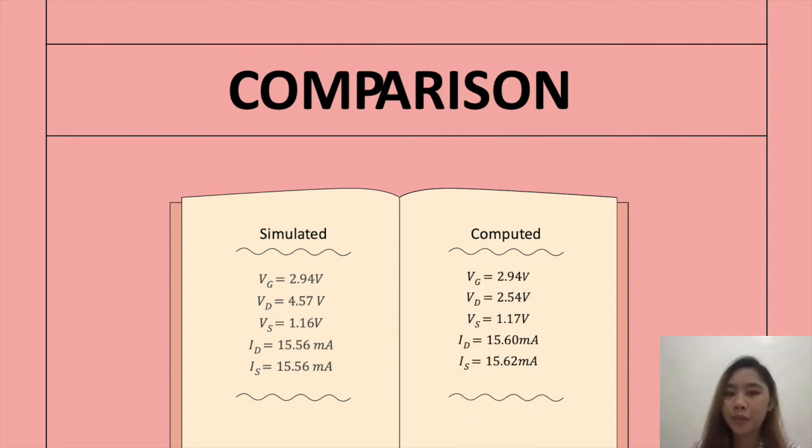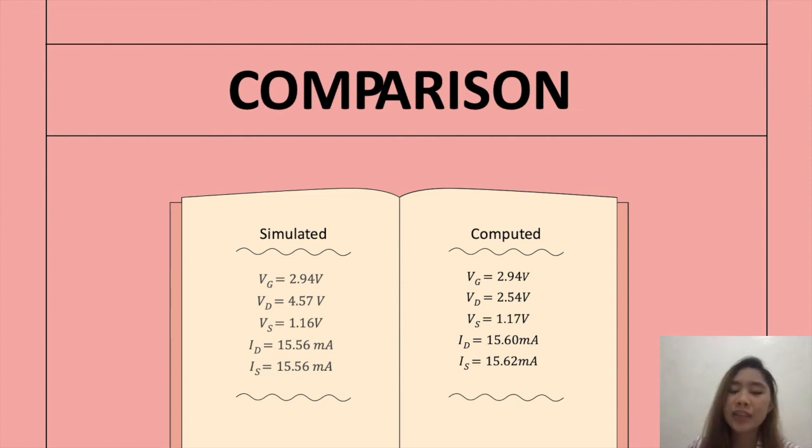However, for the computed values, VG is equal to 2.94, VD is equal to 2.54, VS is equal to 1.17 volts, ID is equal to 15.60 milliamperes, and IS is equal to 15.62 milliamperes.